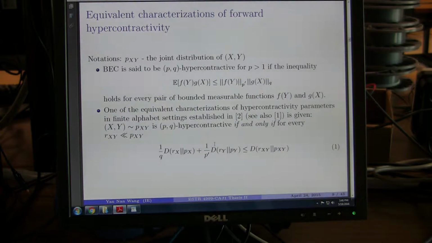Notice here we exchange the positions of X and Y just for the convenience of the following discussion. And this is a modified definition for the forward hypercontractive region for the BEC.